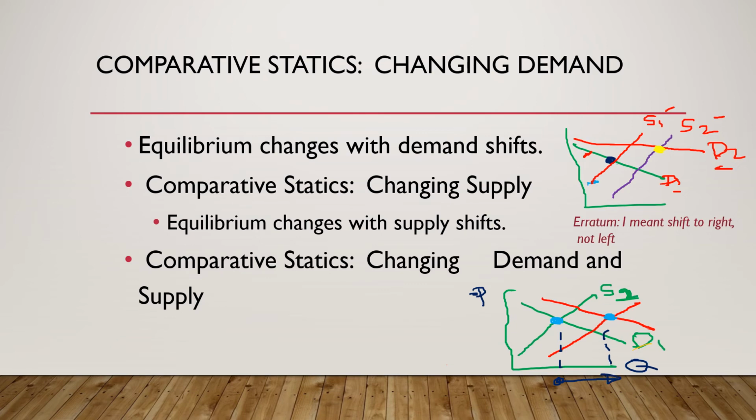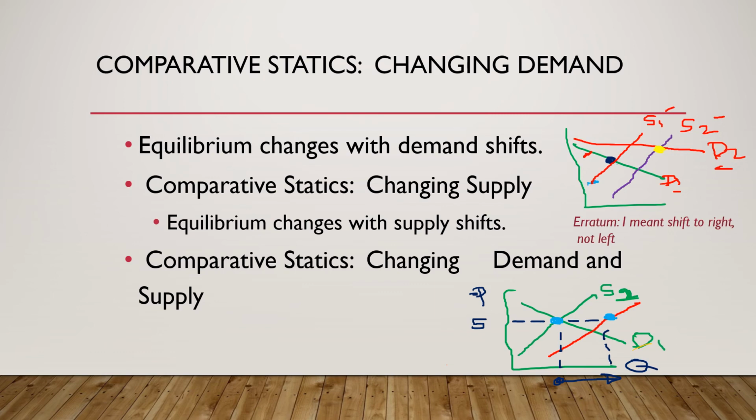But if you take a look at the price, let's say this is 5, it doesn't seem like the price has changed at all, right? Because they're in the same area. So it really depends on how big the change in your supply is or how big the change in your demand is.